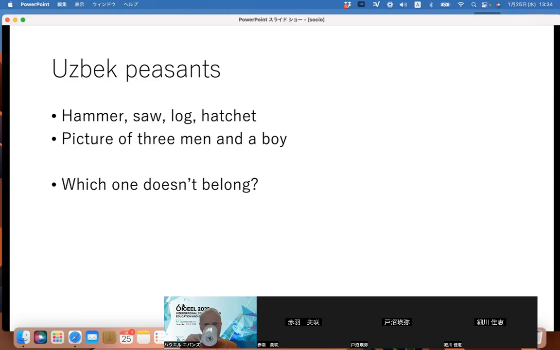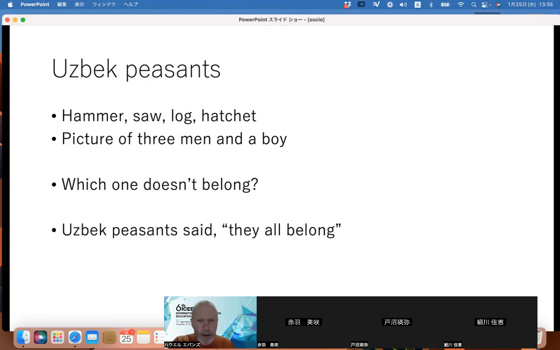They look at that and say, well, they all belong. Hammer, saw, log, hatchet, they all belong. What do you mean? Well, you've got a hammer, a saw, a hatchet, and you need something to work with, which is the log, so they all belong.